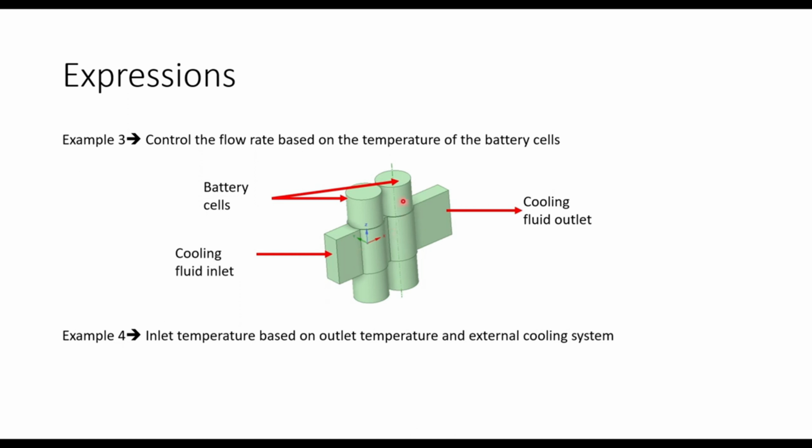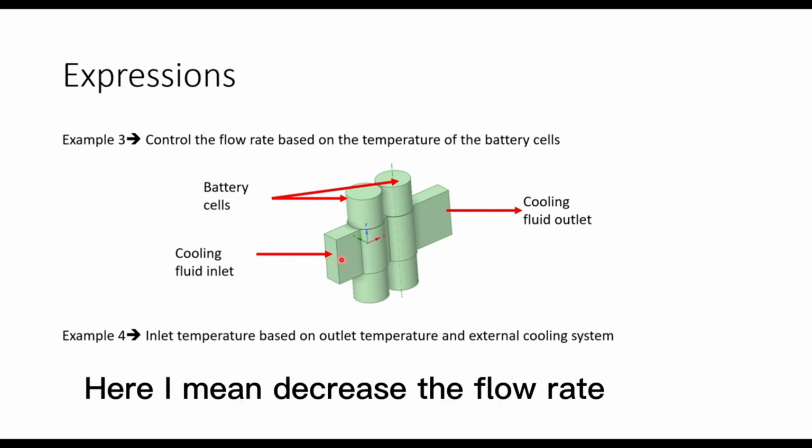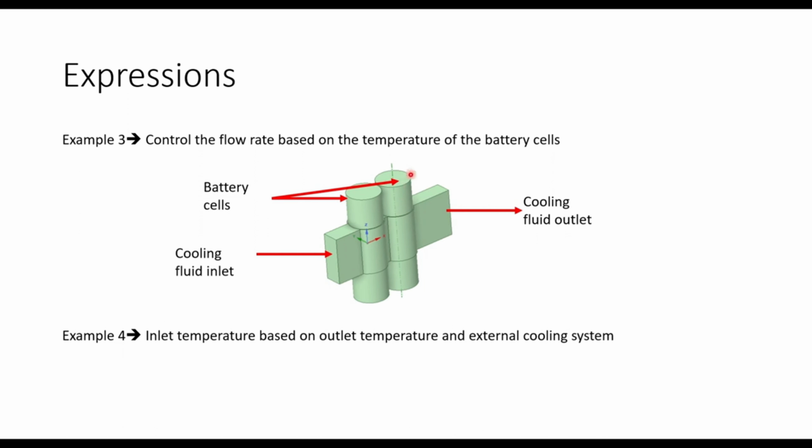Or if the temperature of the battery cell is lower than 40 degrees Celsius, it will decrease the flow rate. So it means we will change the flow rate based on the temperature to control the temperature of this battery cell at 40 degrees Celsius. So that's what I meant by controlling the flow rate based on the temperature of the battery cell.